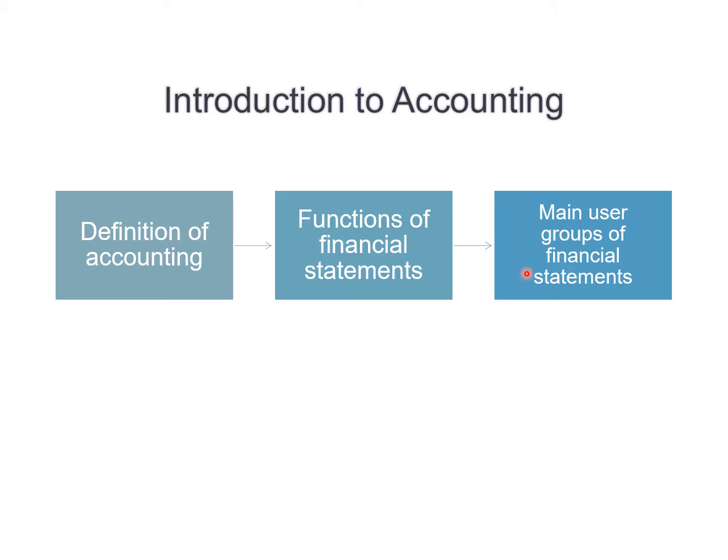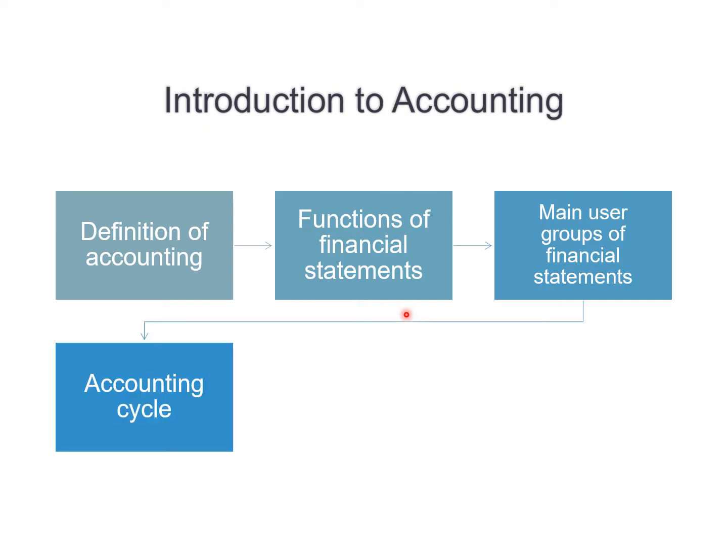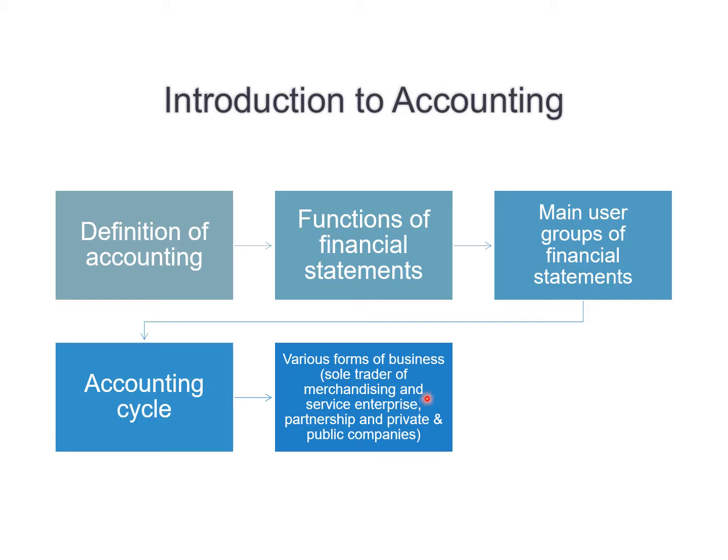Next adalah the main user groups of financial statements. Moving on, we'll look at the accounting cycle. And then the last one adalah the various form of business. Okay, pelbagai jenis perniagaan. Kita akan belajar the types of businesses, right?